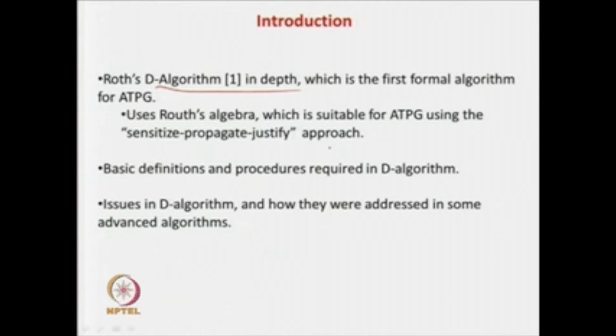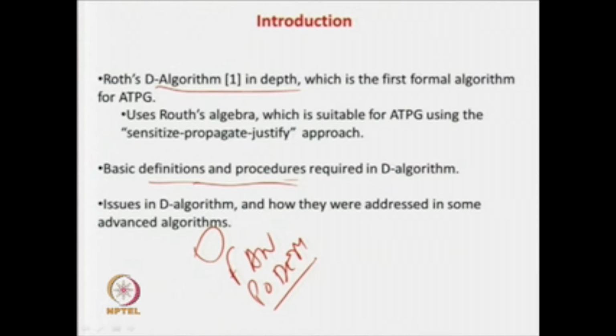Then before we start the discussion on the D algorithm, we will see some basic definitions and procedures, which are very important. Then we can go for the formal algorithm, and finally we will see some advanced algorithms like PODEM and FAN, just the basics of them. They were all advanced versions of the D algorithm, but as I already told you, the D algorithm was the basic backbone.